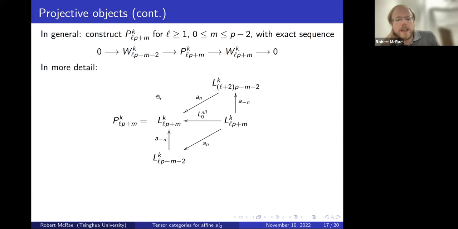And if we want to describe the structure of this module in a little bit more detail in terms of its 4 composition factors, they look something like this. So these 2 composition factors are higher up because their conformal weights are higher, and they correspond to this Weyl module quotient. These composition factors are lower down because their conformal weights are lower, and they correspond to this Weyl module submodule.